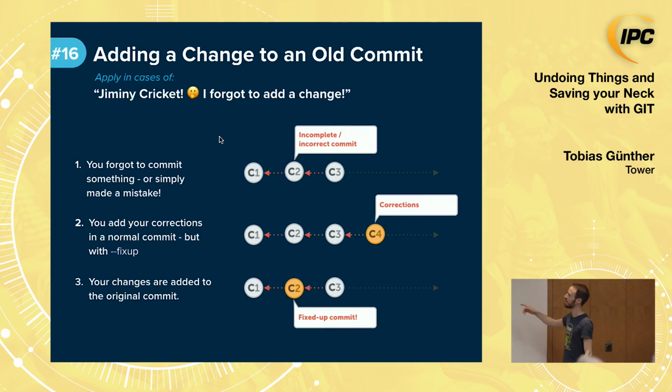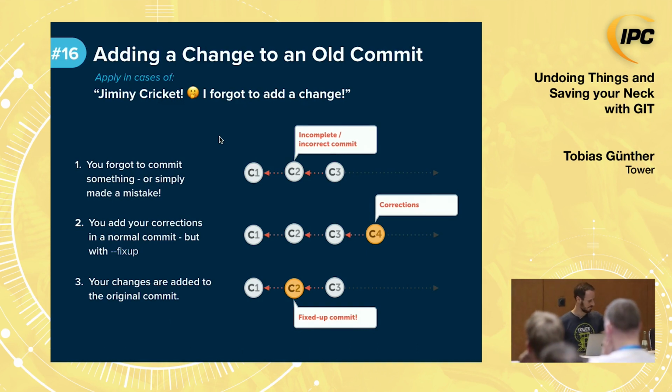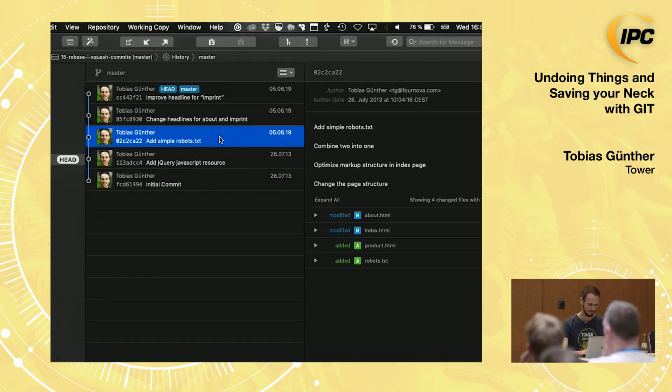So the thing that fix-up does is it takes that band-aid commit that has no semantic meaning, applies its changes to the original one and throws it away. So you have what you wanted to have in the first place. Fix up. So let's fix something.